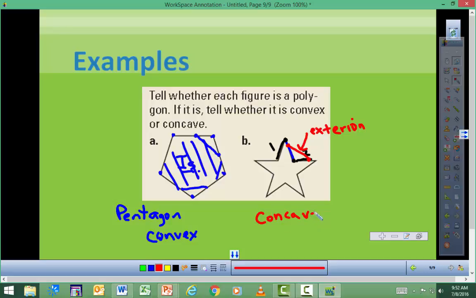And once again, concave, you can think of it as like a regular old cave on a mountainside. If it can cave in, like this, it should remind you that it's concave. Okay? So I hope that helps.